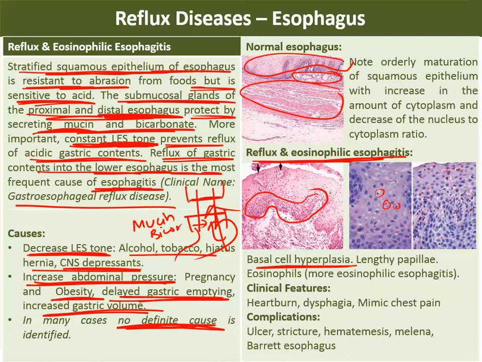That is reflux esophagitis. If you see more eosinophils, see here a lot of pink colored dots, it is eosinophilic esophagitis, because in eosinophilic esophagitis, it is not due to reflux.